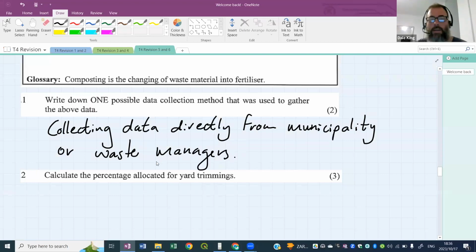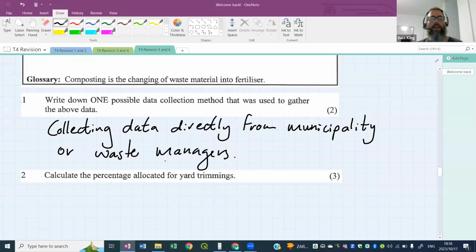Now, if you say waste managers or municipality, if you don't write that, I don't think you're going to lose marks, but it's how you're doing it. So collecting data from municipality or waste manager, face to face. Yeah. All right. So as long as your answer makes sense, you will get 2 marks for that.